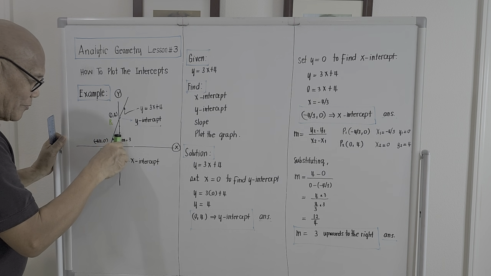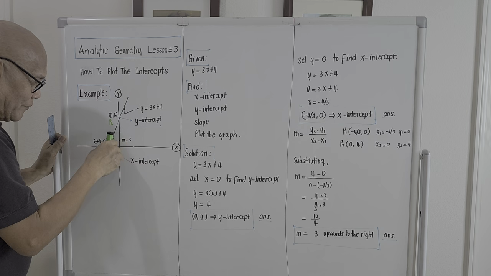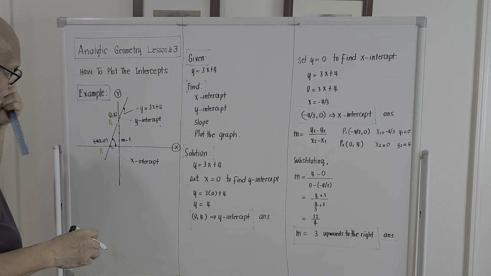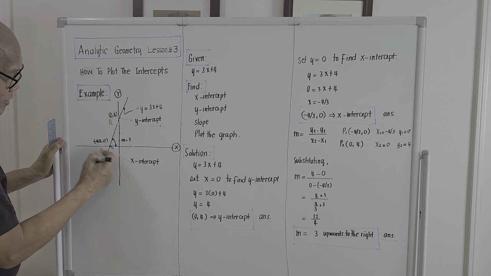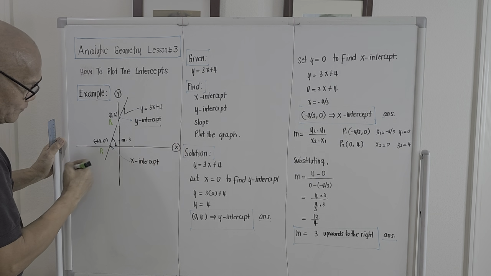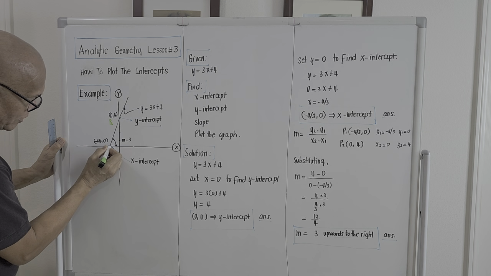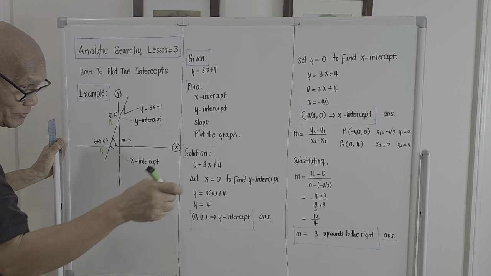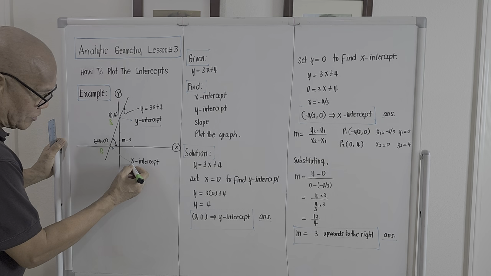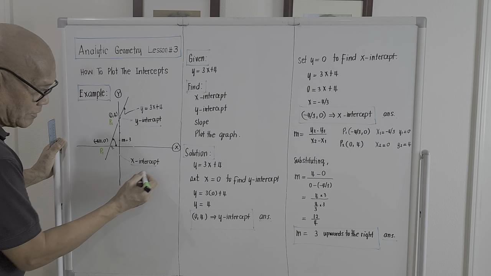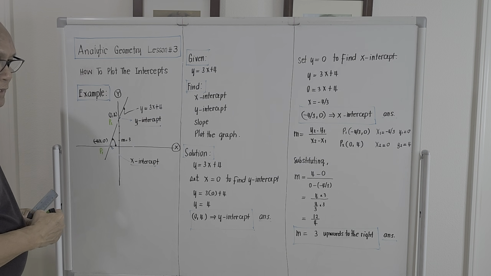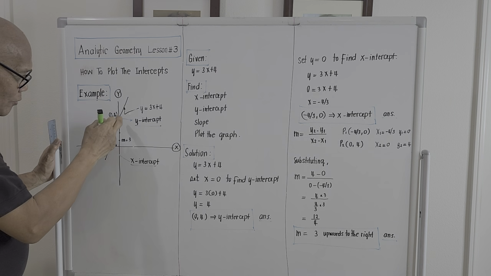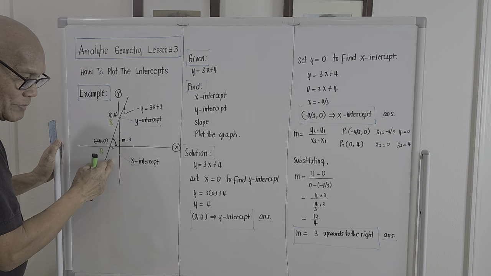The y-axis is the vertical axis, right? And where it passes the x-axis is at this point here, the so-called x-intercept. So the title of the topic for the meantime is just how to plot the y and x-intercept.